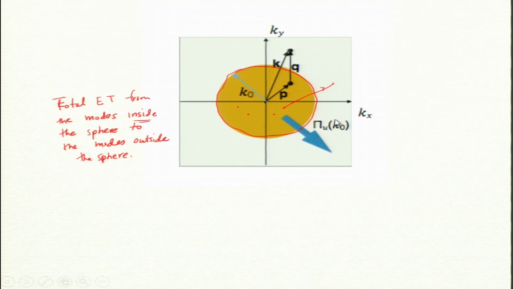This quantity was postulated, well, Kolmogorov did not really postulate this, but this is the understanding that inside is large scale, since wave number is inversely proportional to length. So, outside will be smaller scales compared to the ones inside the sphere.